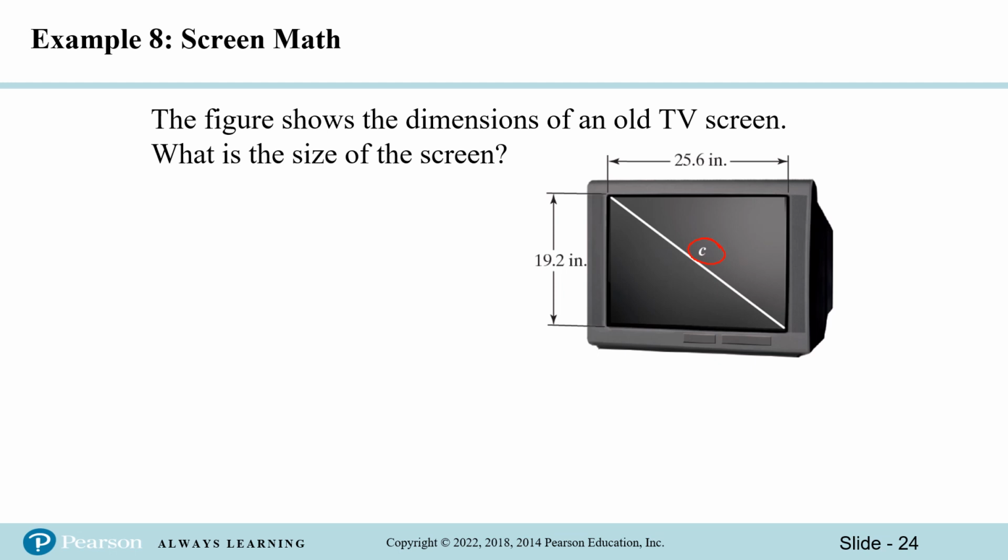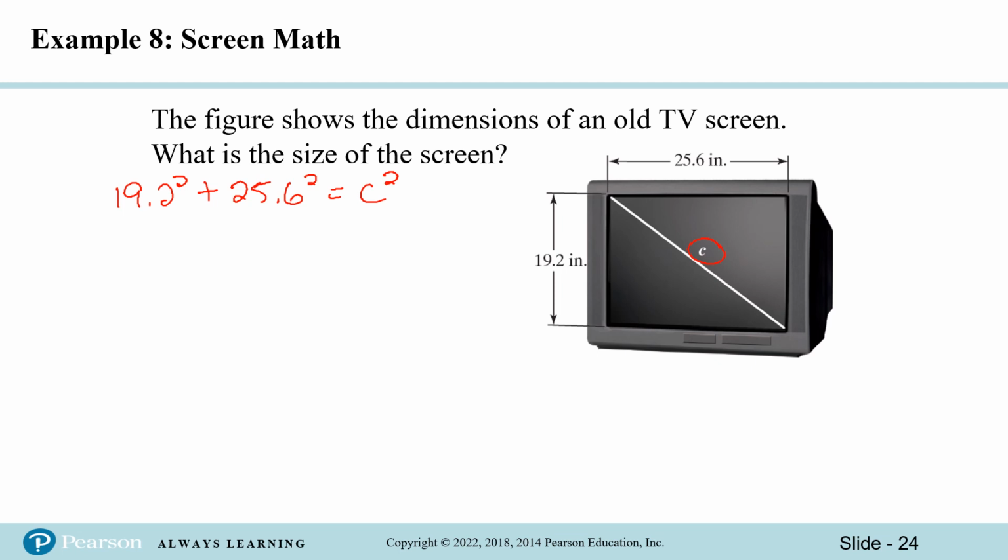Anytime they tell you it's a 32-inch TV, what they're talking about is the diagonal is 32 inches, right? Not the length and the width. So what you're going to do is take one of the legs and square it. The other leg squared is equal to the hypotenuse squared.